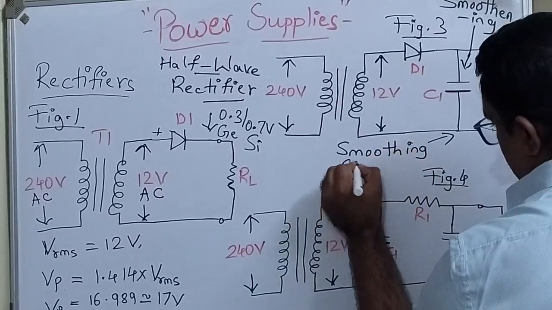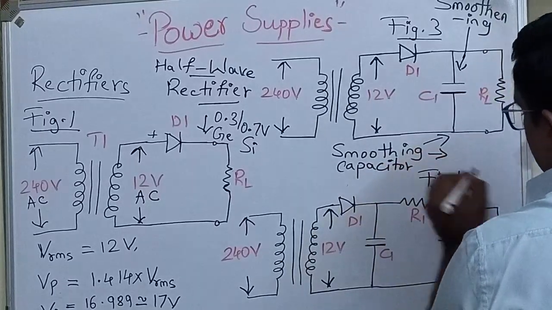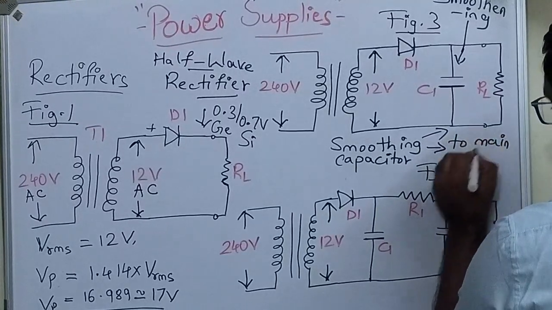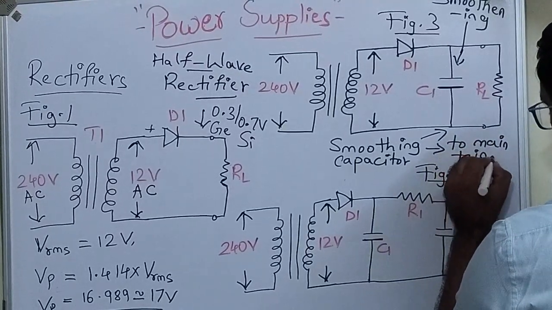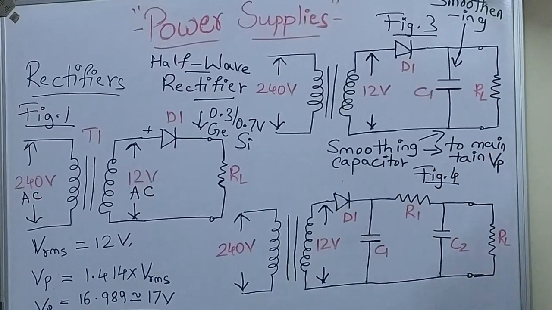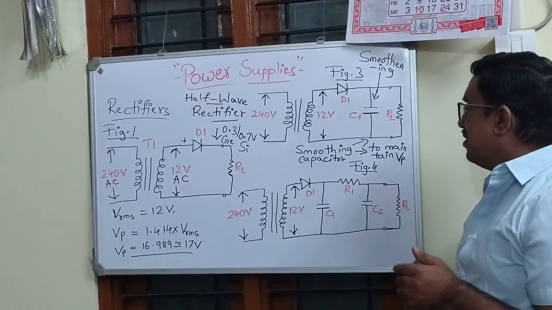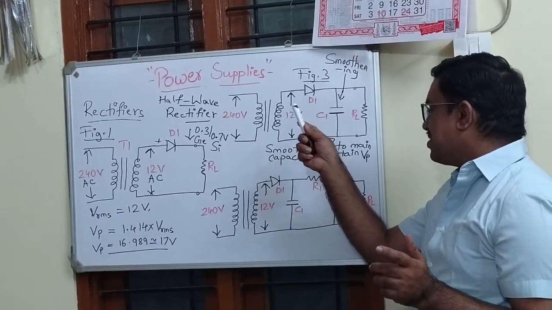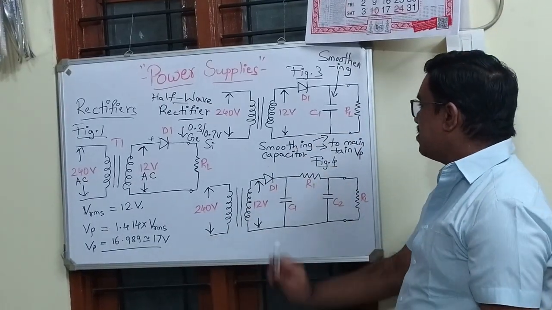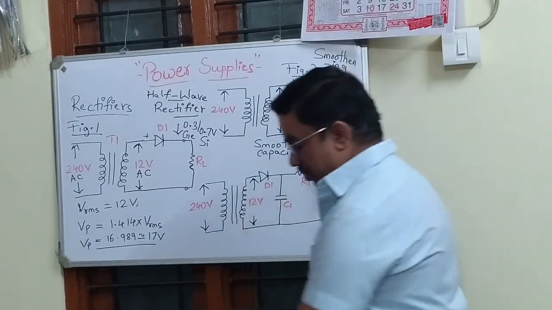The function of this capacitor is to maintain peak voltage when D1 is not conducting, that is, when D1 is reverse biased. In order to maintain the peak voltage at 17 volts, we need a smoothing capacitor called C1.